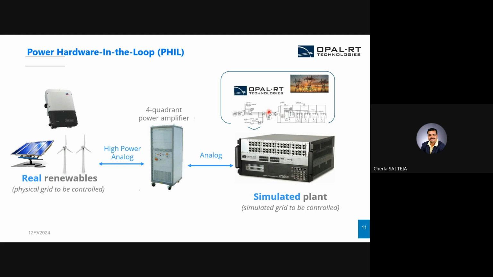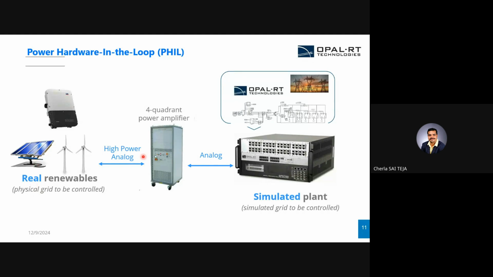The best example is renewable penetration into the existing grid. I have a renewable based plant simulated in the model along with the existing grid, in order to verify the controller response with a real renewable plant.